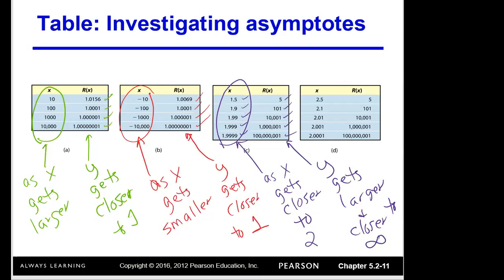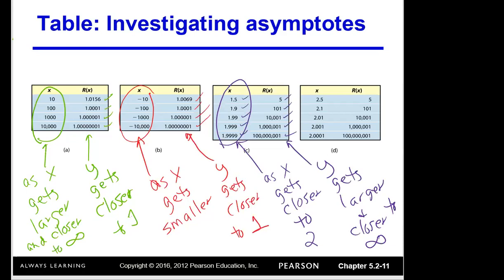That's what you could actually say in all of these. If I went back to the first one, I could say as x gets larger and closer to infinity, y gets closer to 1.